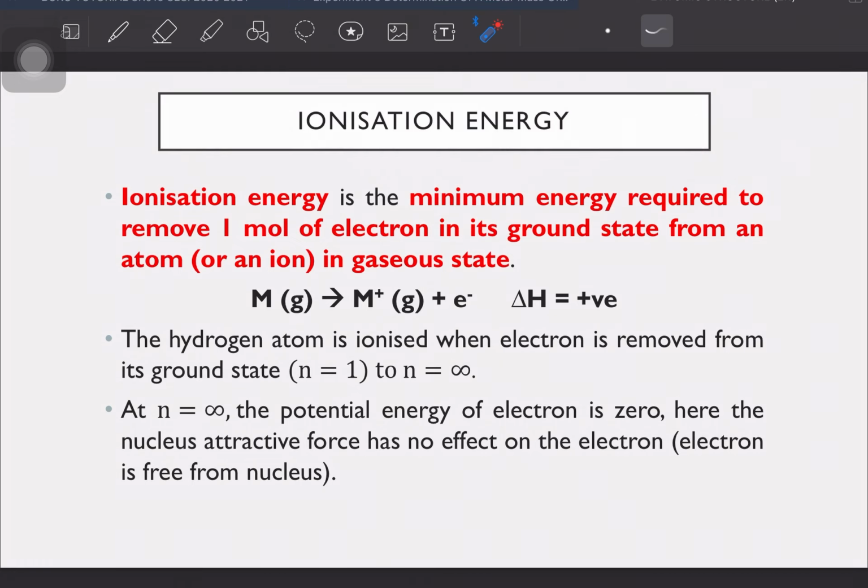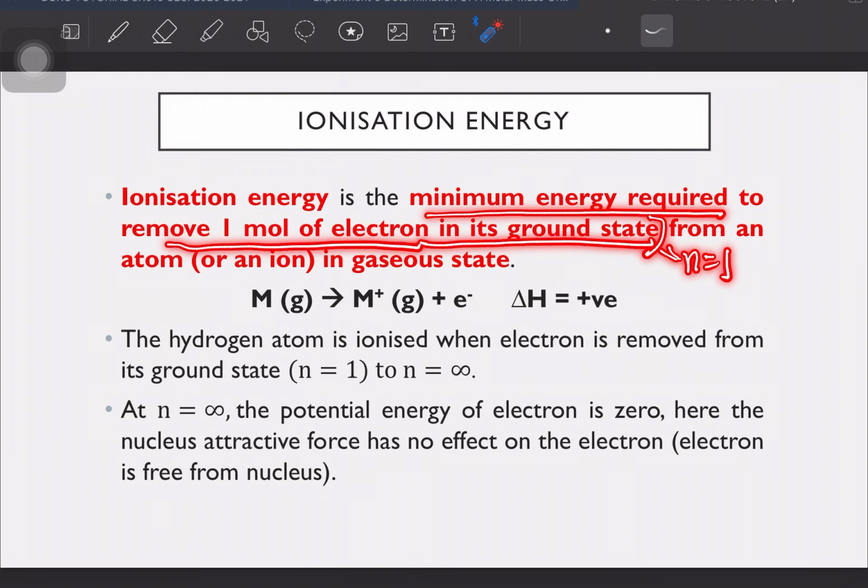Okay, so the definition will be the minimum energy required to remove 1 mole of electron in its ground state. So electron awak tu di dalam ground state, which is n equals to 1, from an atom or an ion. Okay, you can remove electron daripada atom atau ion in gaseous state.